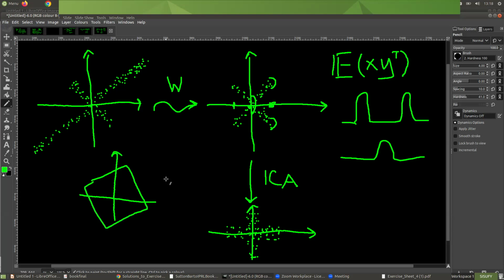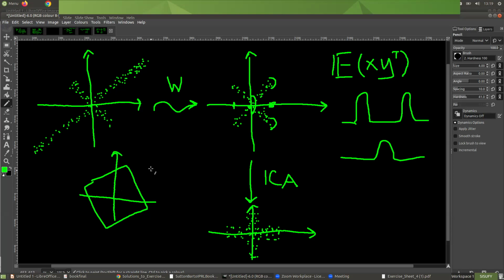So whitening will rotate and squash the square a little bit in such a way that the correlations become zero. So basically the mass here will be equal to the mass here, and the other way around. So you will have something like this, which is white probably if you transform it sufficiently well.